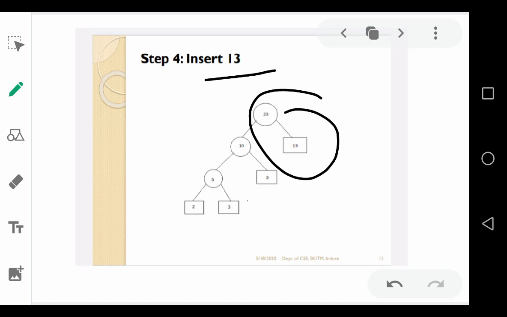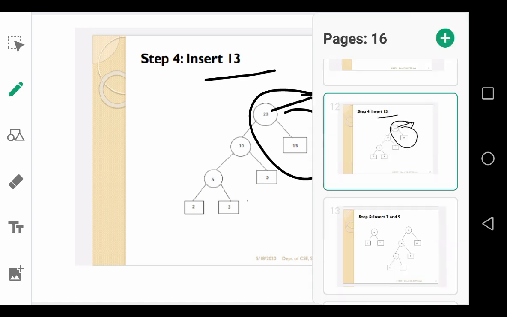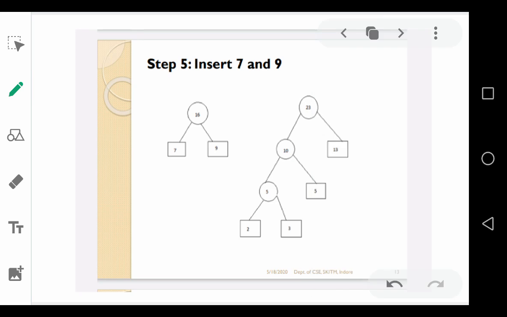After inserting, at the root we get 23. Next we insert 7 and 9. After merging these at the root node, we get 16. So here the root node is 23 and this is 16.